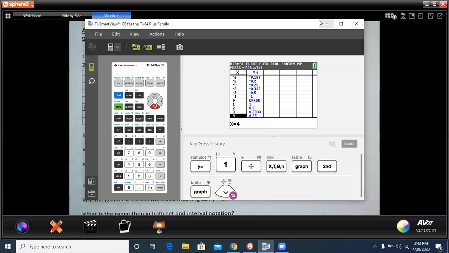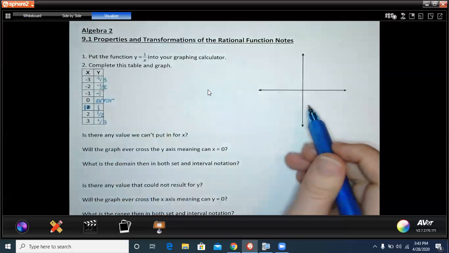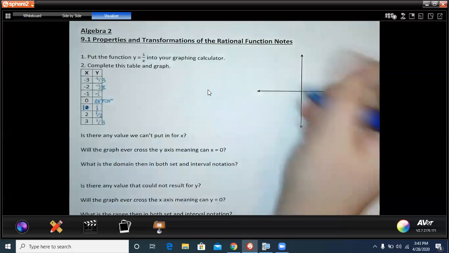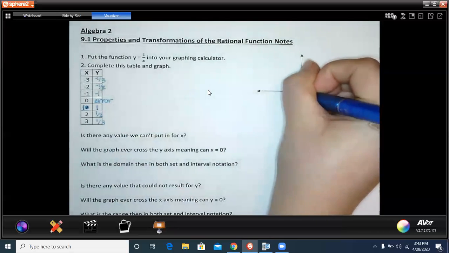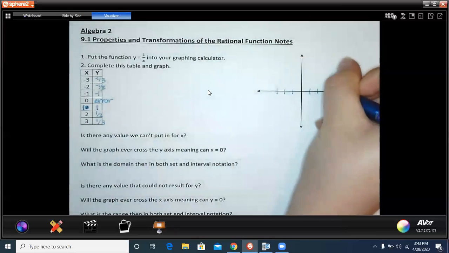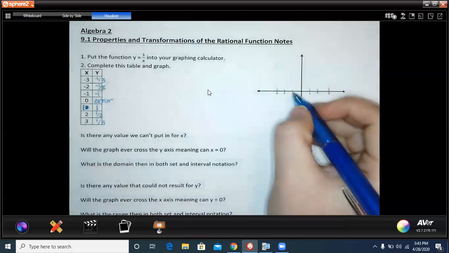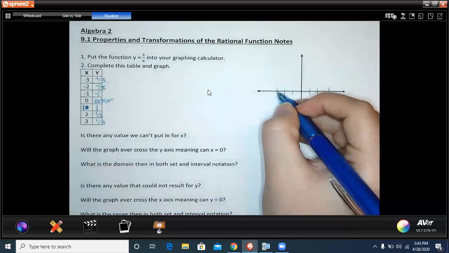All right, so now I filled in my chart based on those values, and I'm going to graph them over here. So we go out to -3 and over to +3 is the most we're moving on our x-axis. So if I go out to -3, I go down 1/3.